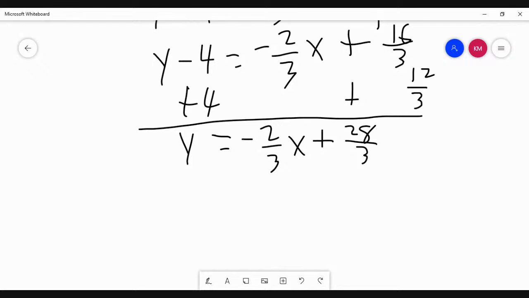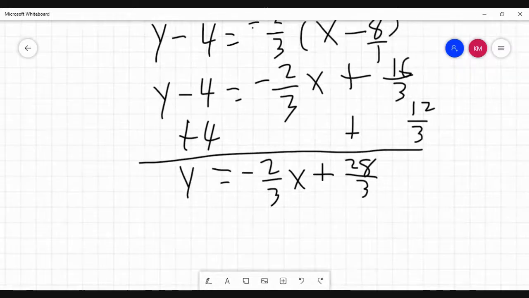Now that I have done that, if you notice, in standard form there are no fractions. When it comes to the standard form, there are no fractions. So how do I get rid of the fraction on the right side to make it in standard form and continue with my problem?